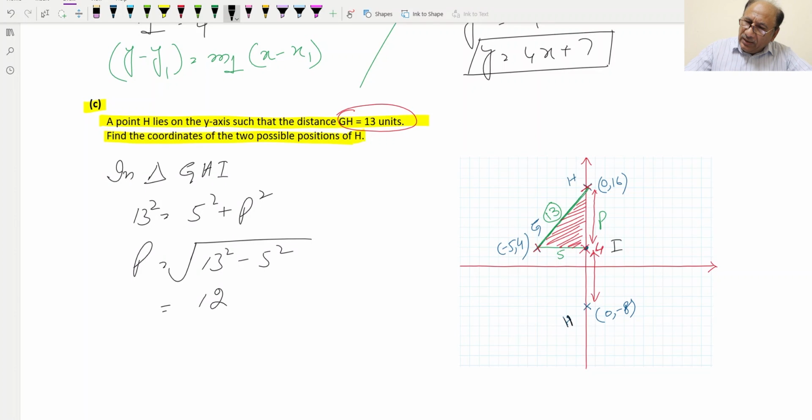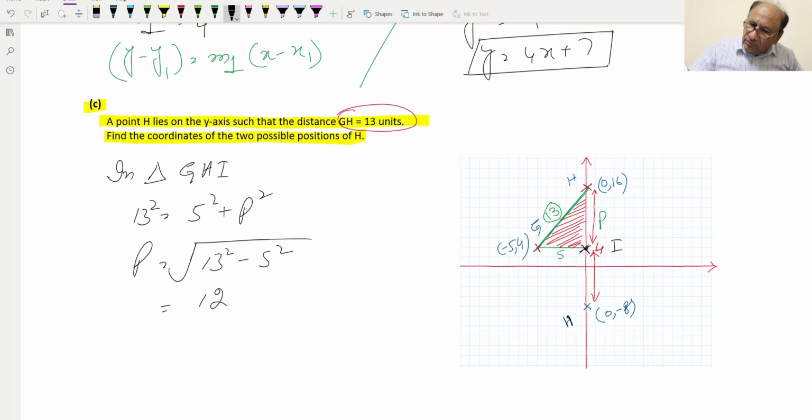On the y-axis we have taken 1 unit equal to 2. So this will be 2, 4, 6, 8, 10, 12 on this side, and from the origin it is 16, that's why it is written as 16. So (0, 16). This p should be 12, so we can figure out this point, and on the other side also 12 units.